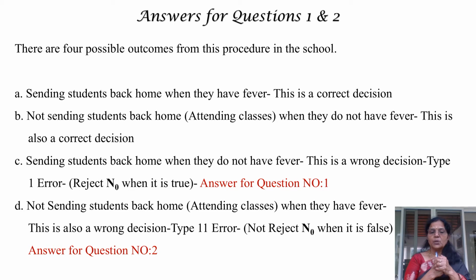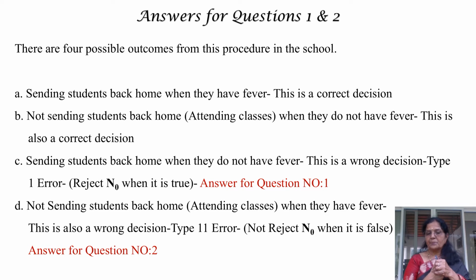But now what we are doing, we are not sending them back home, allowing them to attend classes when they have fever. So this is also a mistake, an error, because our decision making is wrong. So this type of error is called type 2 error.